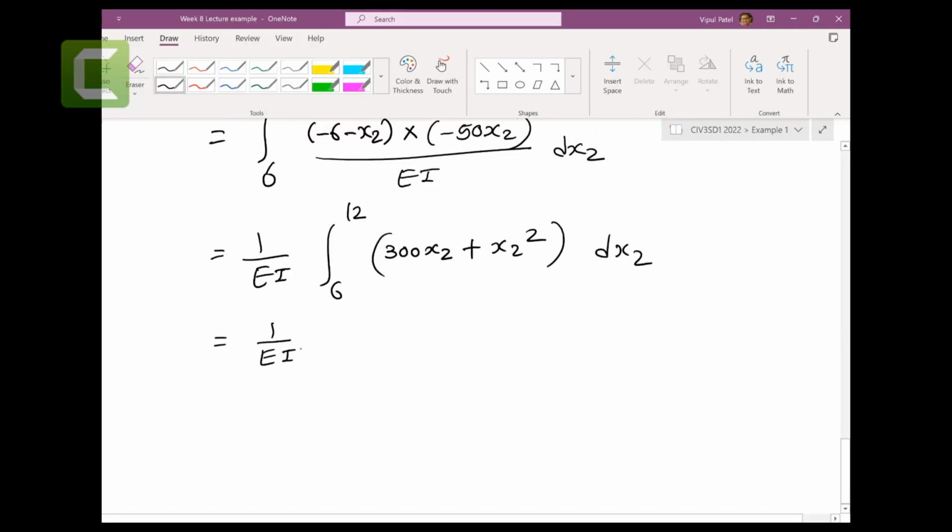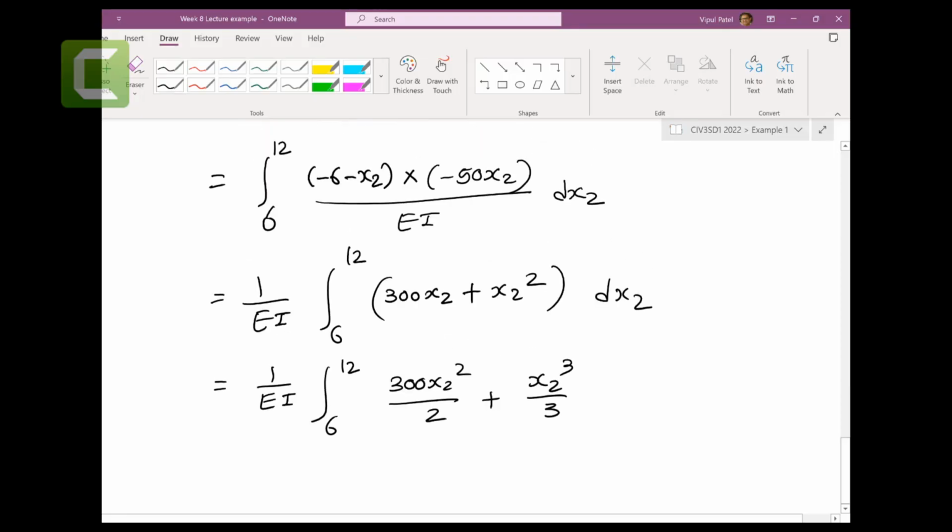Then 1 over EI, 6 to 12, 300 x2 square on 2 plus 50 x2 cubed on 3. Right, now that looks better. 50 times 6 is 300 x2, then plus 50 x2 square.